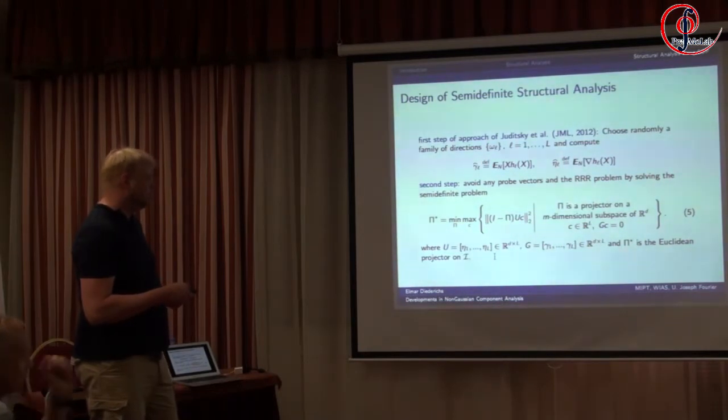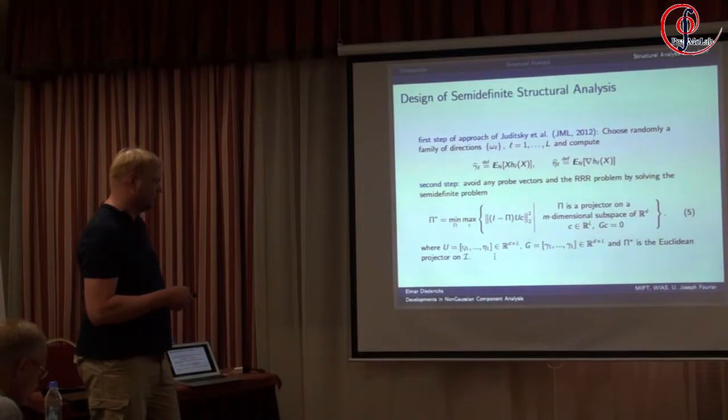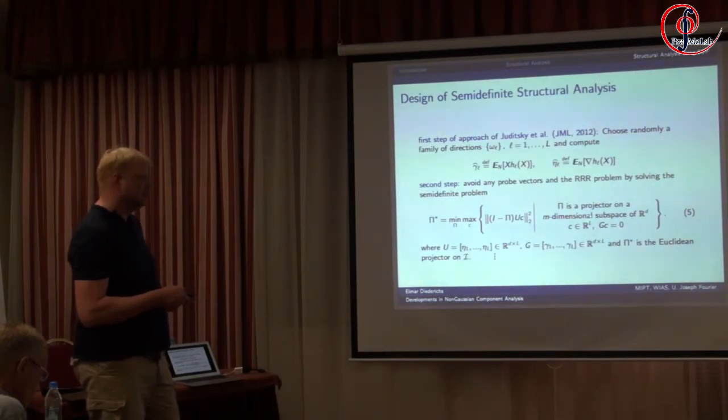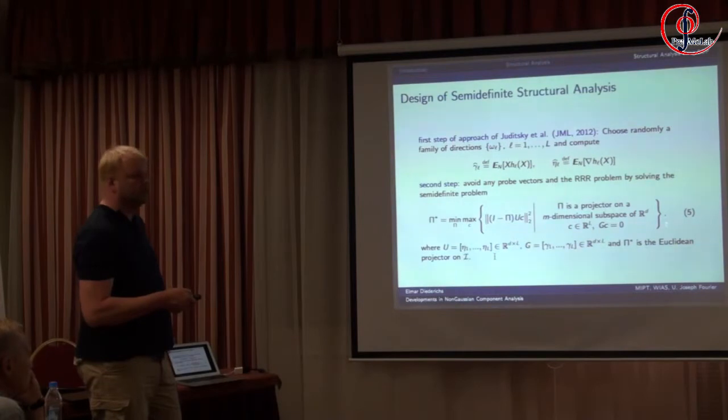We try to reconstruct the projector pi directly from the data matrix U, which is built up from our estimate from our objects eta 1 to eta L, under the constraints that pi is a projector on the n-dimensional target space, c is the vector for our coefficients, and this is our noise-killing linear constraint. This is the problem that we try to solve. Obviously, this is a hard problem. We cannot solve it directly, but we can maybe relax the problem in order to get a convex reformulation of this.